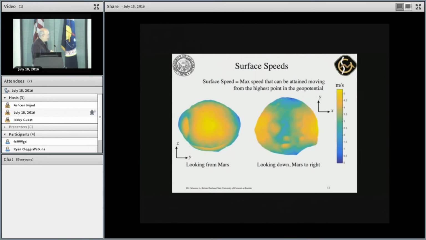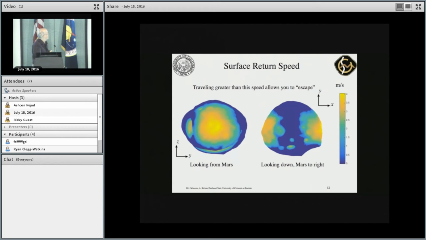So this is fine, but what's the relevance of this? Here we're mapping a slightly different concept: the speed below which you need to stay if you want to guarantee that you'll never leave the Phobos system. These blue regions are where, if you just slip and fall, say, it's energetically possible for you to escape from Phobos and go into orbit around Mars.